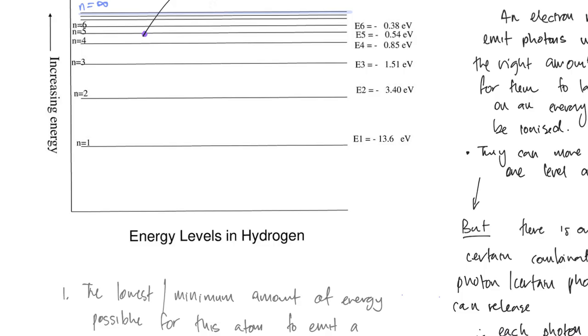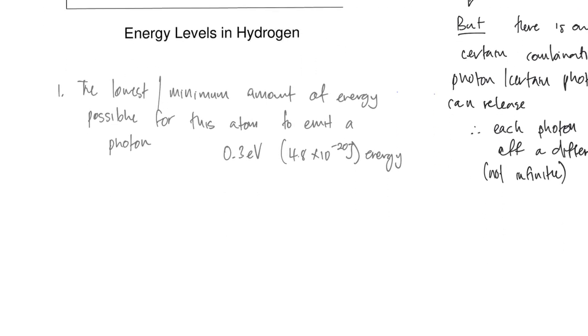If my atom moves from N5 to N4, oh, very small margin there. So N is equal to 5 to N is equal to 4.